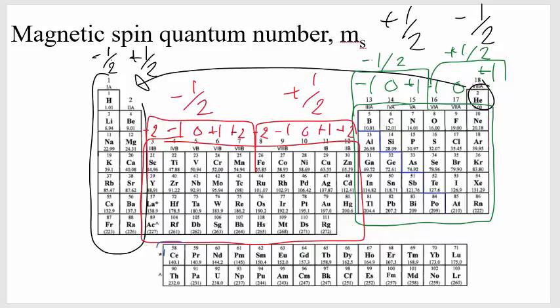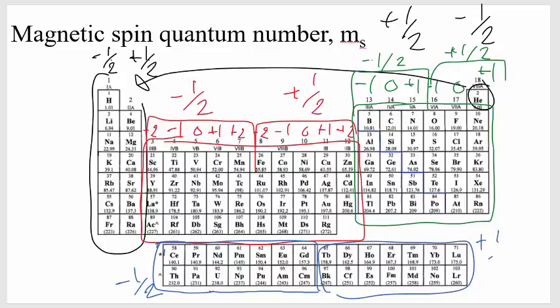And lastly, for the inner transition metals, these right here, I won't draw out the magnetic M sub L values, but the first half of them, 1, 2, 3, 4, 5, 6, 7, will have an M sub S value of -1/2, and then the other part will have the +1/2 M sub S value.